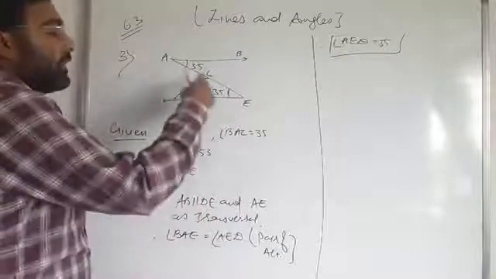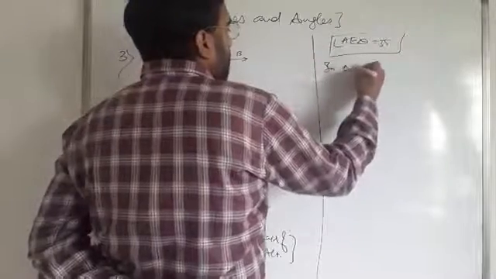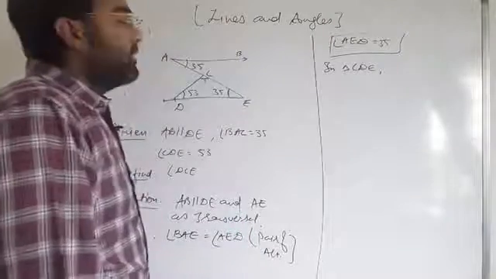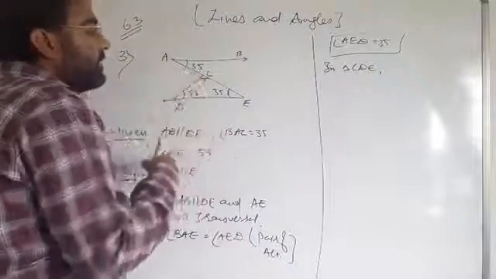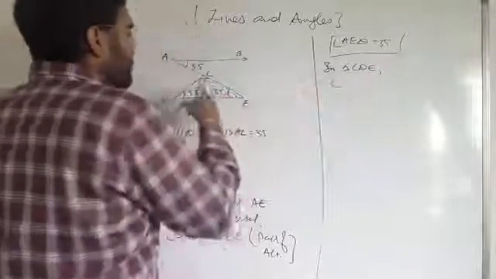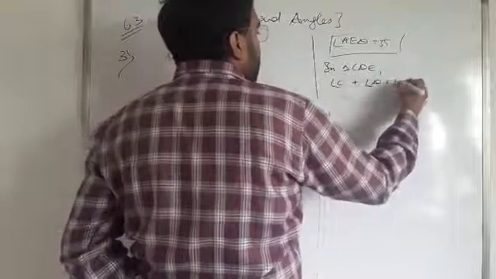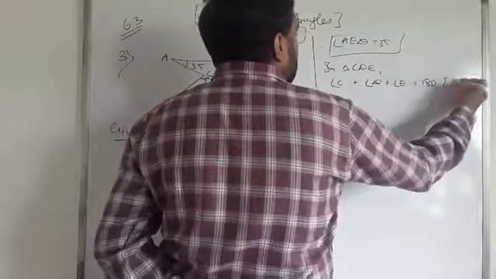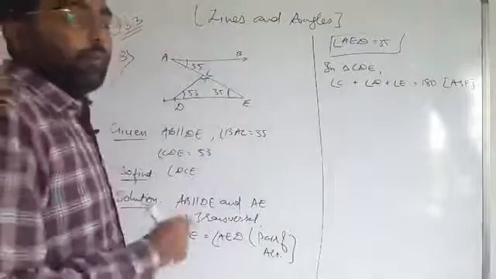Now in triangle CDE, using the angle sum property, angle C plus angle D plus angle E is equal to 180 degrees.